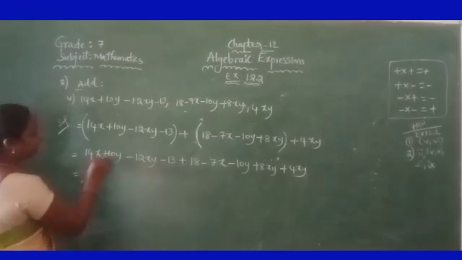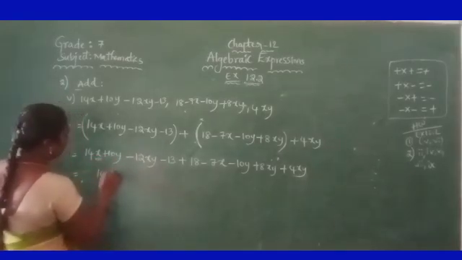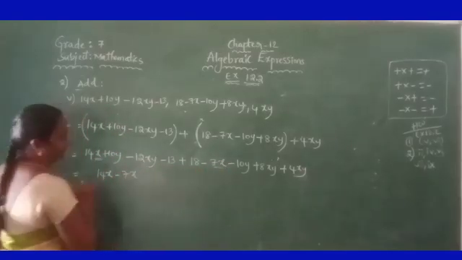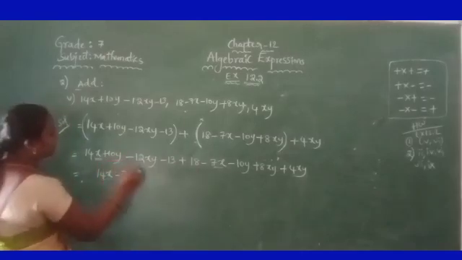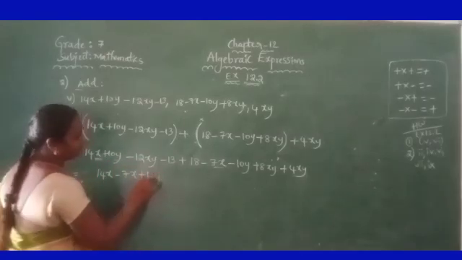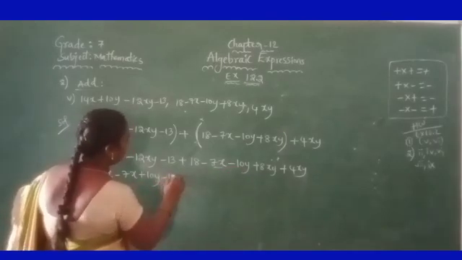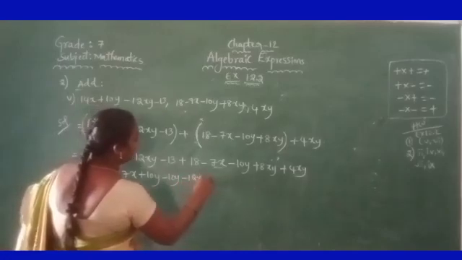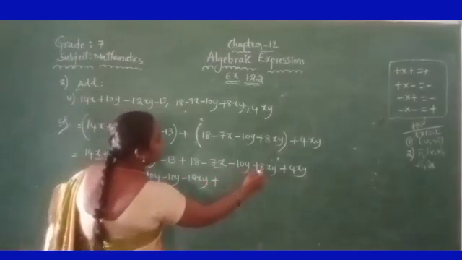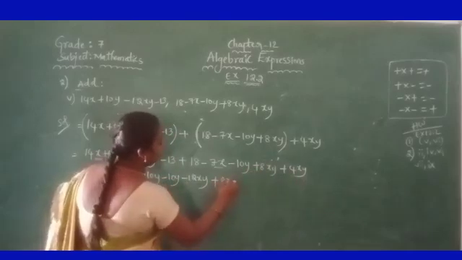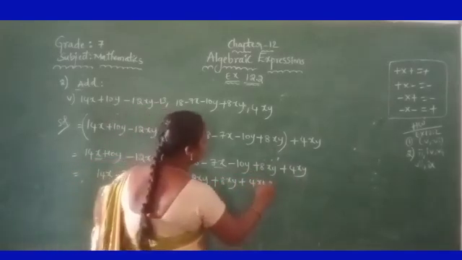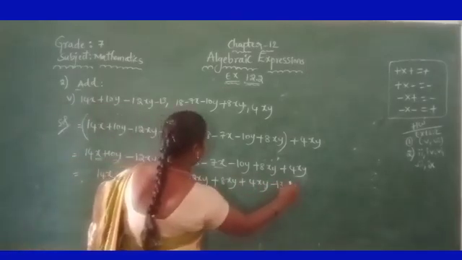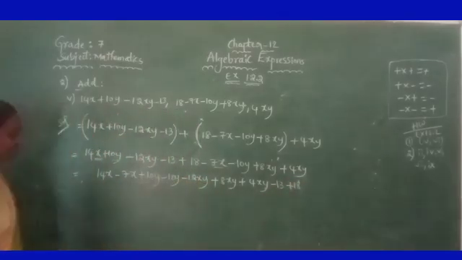Here, see x: is there x terms? 14x, yes, here minus 7x. Is there any other x? No. Y terms, plus 10y minus 10y. Very good. After that xy terms: minus 12xy plus 8xy, 4xy. Write all here, don't add there. You write first. After that constants, minus 13 plus 18. Now you can add.